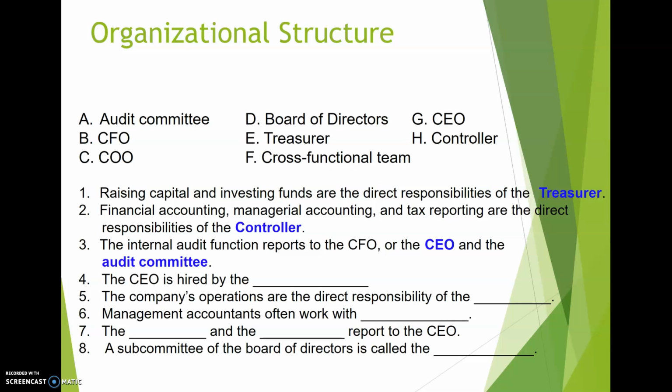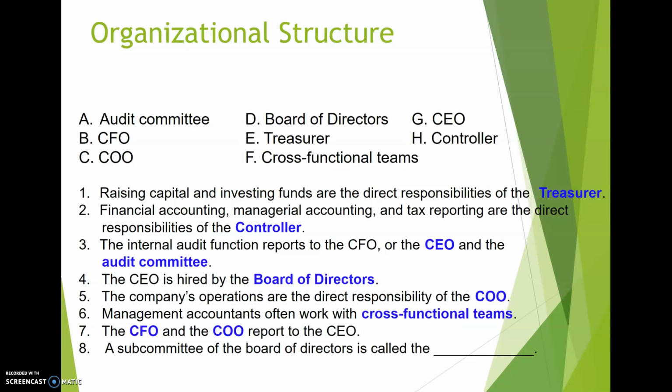The CEO is hired by the board of directors. The company's operations are the direct responsibility of the COO. Management accountants often work with cross-functional teams. The CFO and COO report to the CEO, and the audit committee is the subcommittee of the board of directors.